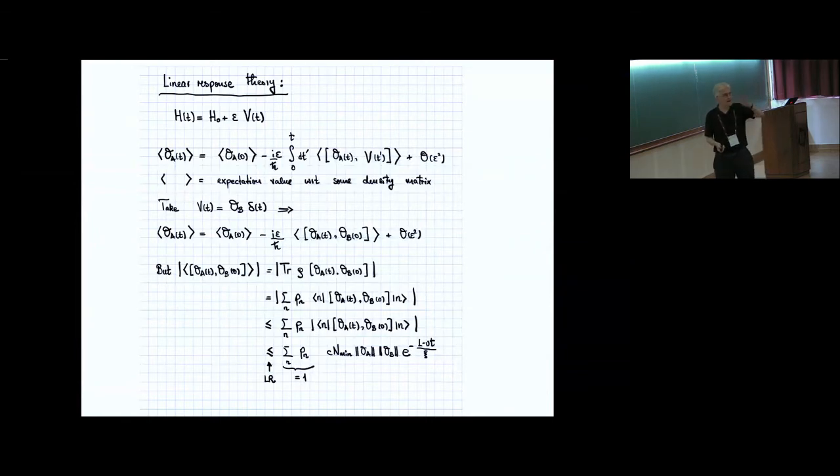So that's a general formula from linear response theory, and here would be the nonlinear response terms. And this is the expectation value in any density matrix. I can take the ground state, or I can take some finite temperature state, whatever. Now let's take as our perturbation just OB times the delta function of time.